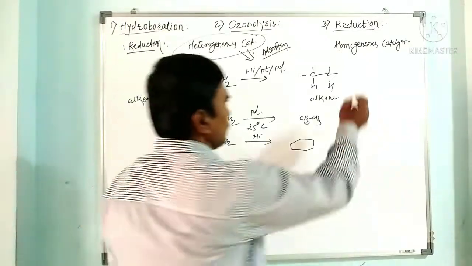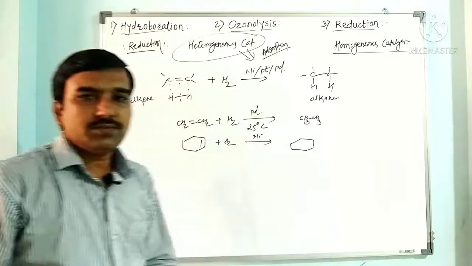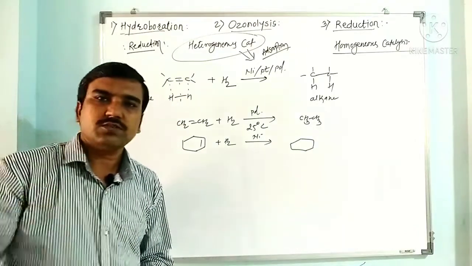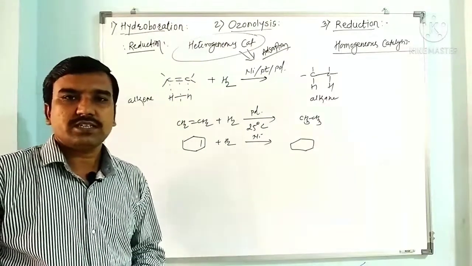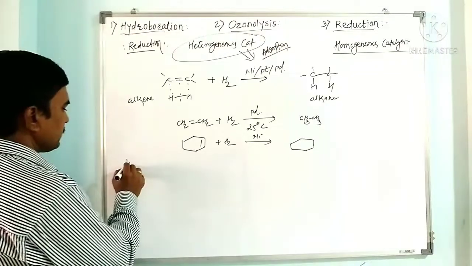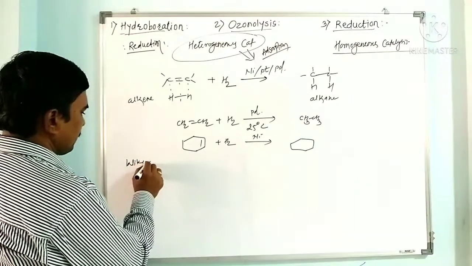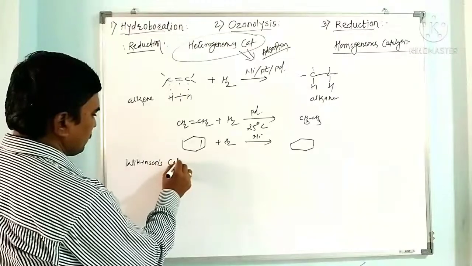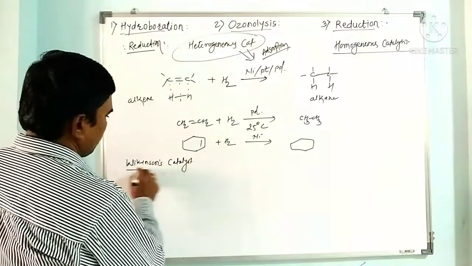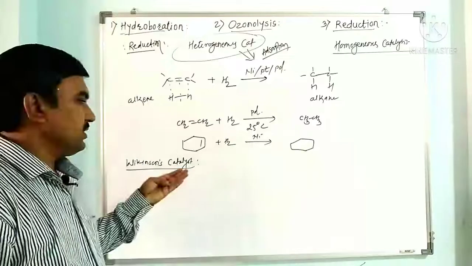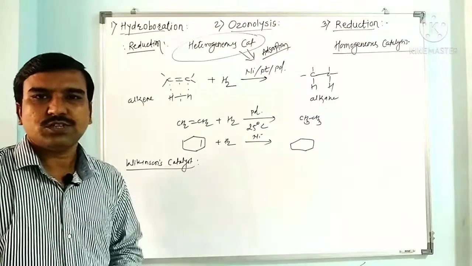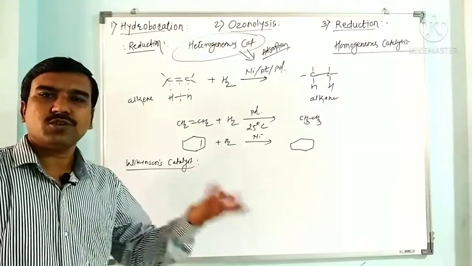Now we have to see the next, homogeneous catalyst. The very famous homogeneous catalyst, which is soluble in our solvent, is Wilkinson's catalyst. Here we have metal complexes of rhodium or ruthenium in presence of phosphorus or other ligands.